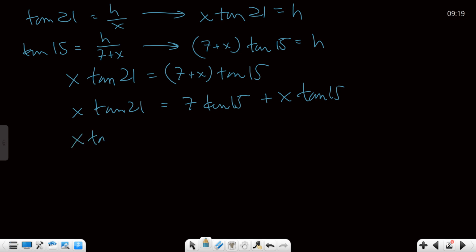So I get x times the tangent of 21 minus x times the tangent of 15 is equal to 7 times the tangent of 15. What next? How do I get x by itself?